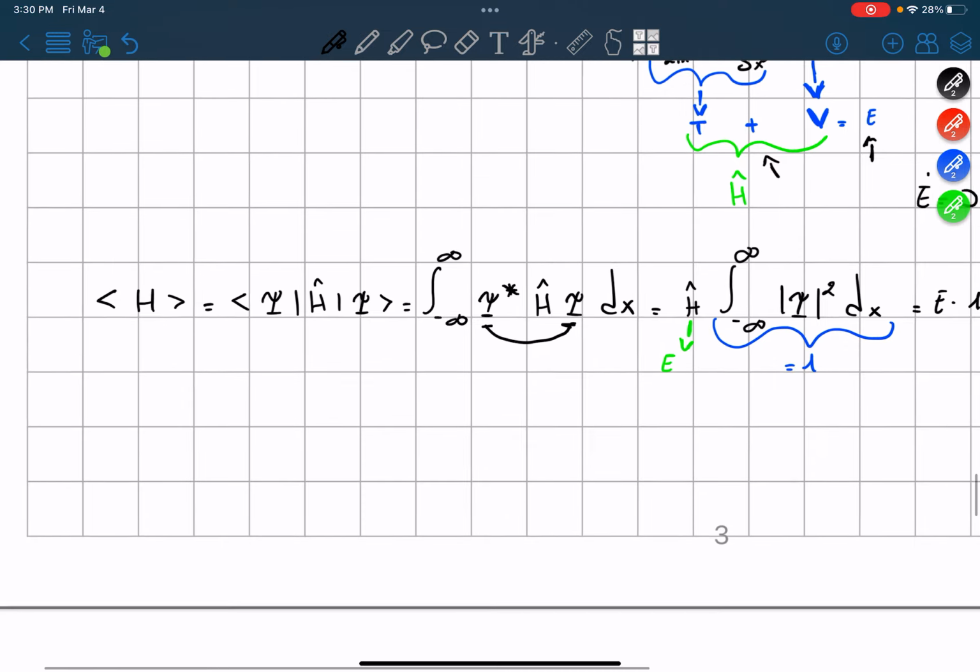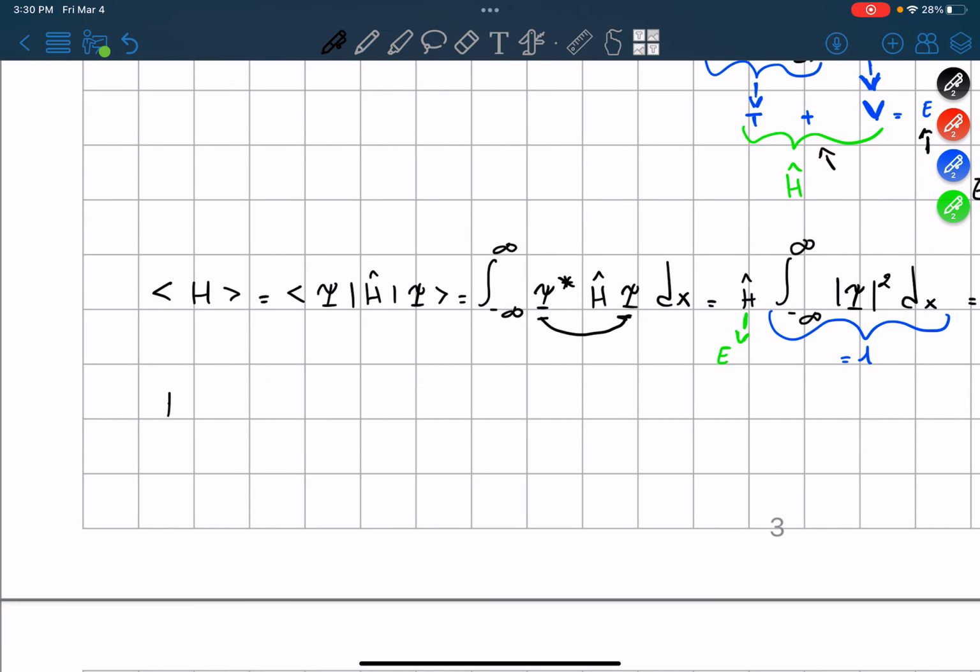One more thing that we can think of is that the H operator can be rewritten as p squared, or the momentum squared, over 2m plus V of x, of course. Now, why is this?